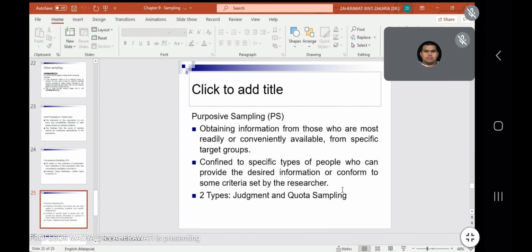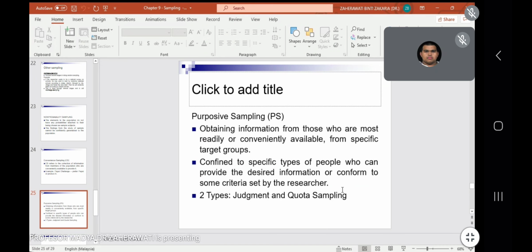And let's say the topic is the factors contributing to product loyalty, customer loyalty on local products.